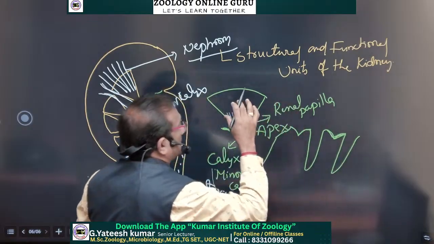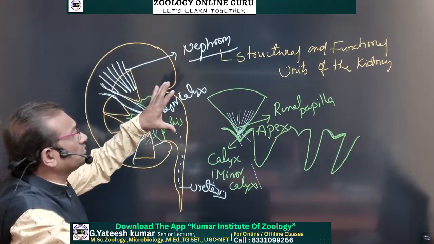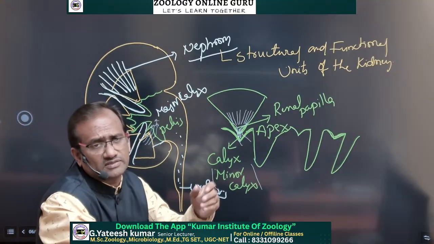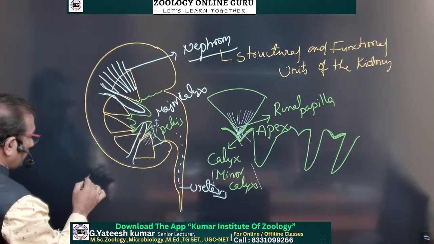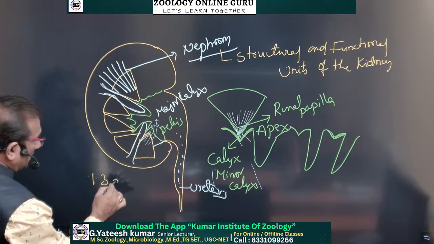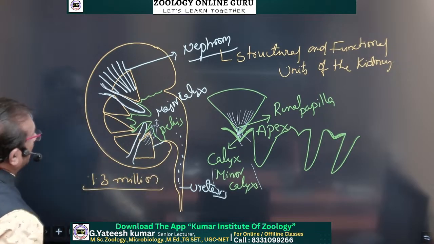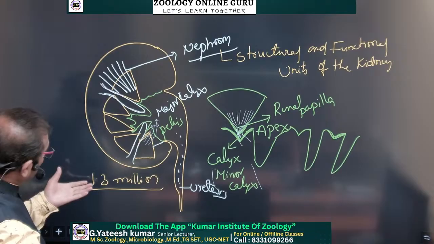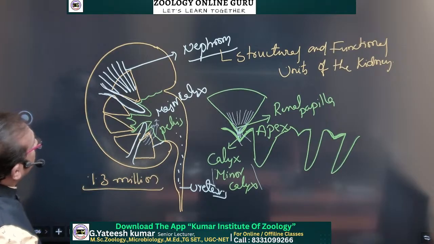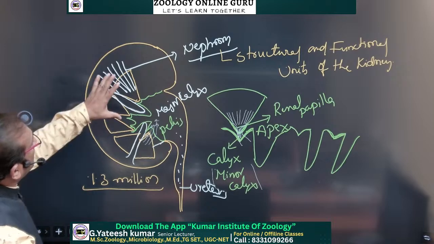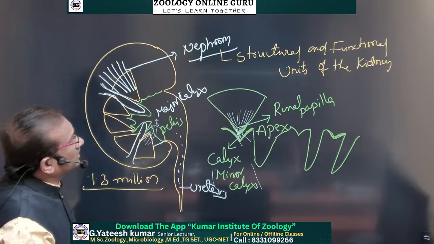So the structure and function of the kidney are by these nephrons only. The kidney is made up of nephrons. How many are there? Approximately 1 million or 1.3 million nephrons, so more than 10 lakhs. So one kidney contains more than 10 lakhs of nephrons. Nephrons are known as structural and functional units of the kidney.